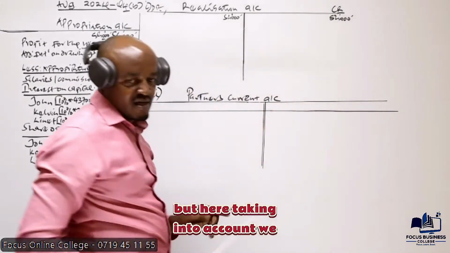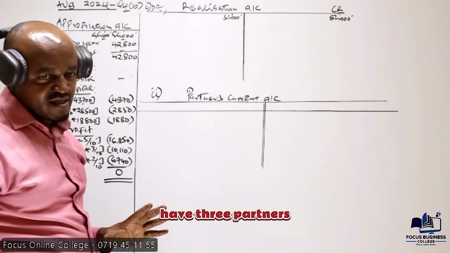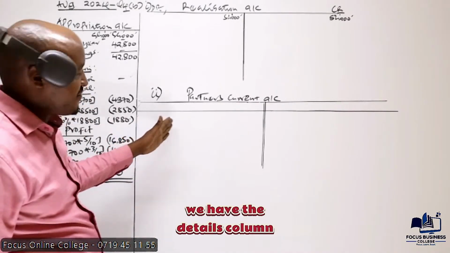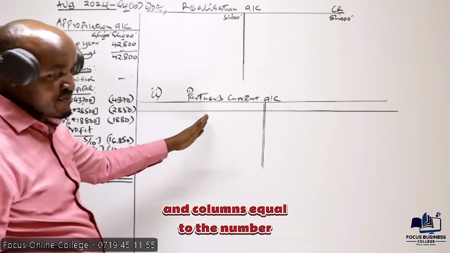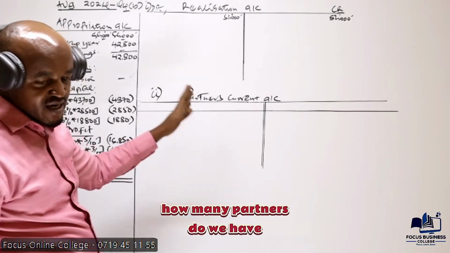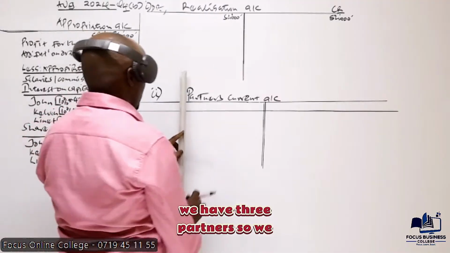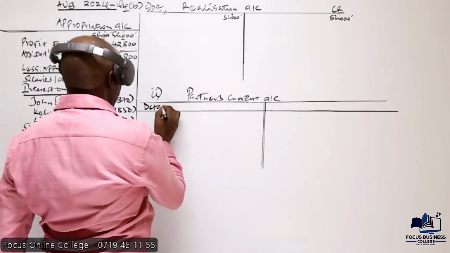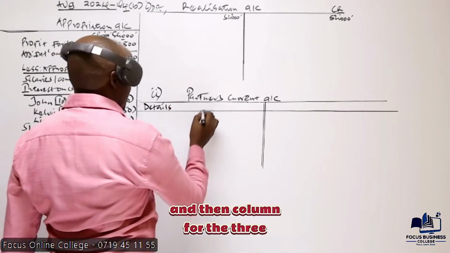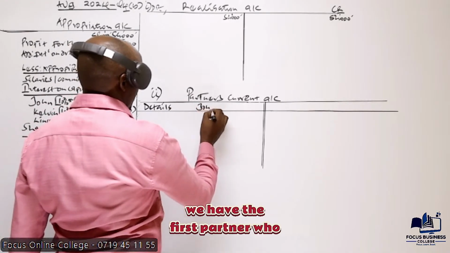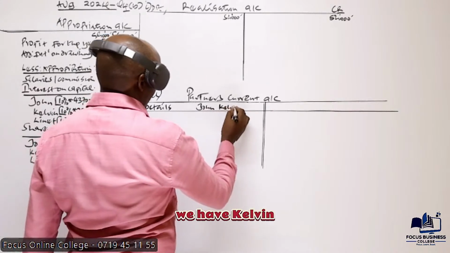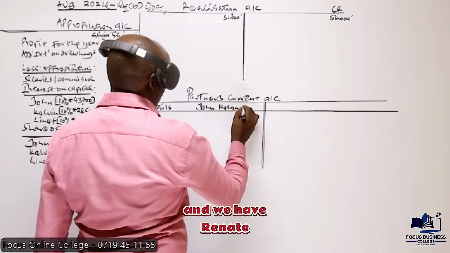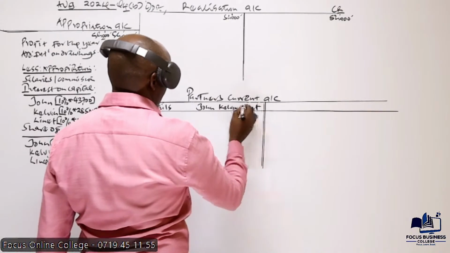Taking into account that we have 3 partners, on the debit side of this account we have the details column and columns equal to the number of partners. How many partners do we have? We have 3 partners. So we will have the details column and then a column for each of the 3 partners: John, Kelvin, and Lynette.